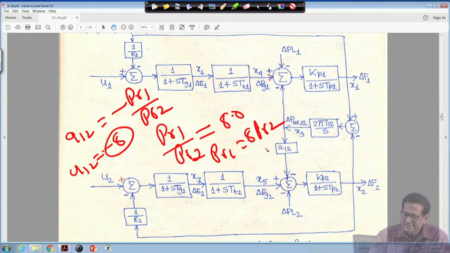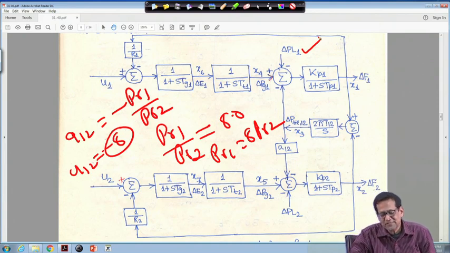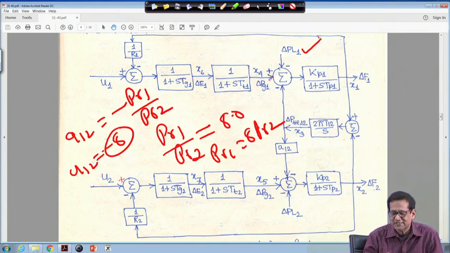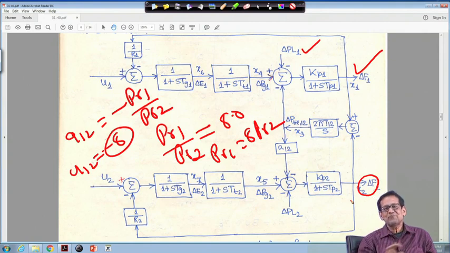As we go on increasing the area capacity ratio and give a step load disturbance here, you can observe through the simulation that there will be a frequency deviation in area 1. But as this ratio keeps increasing, you will find that the deviation in the other area is very small compared to area 1, almost flat.